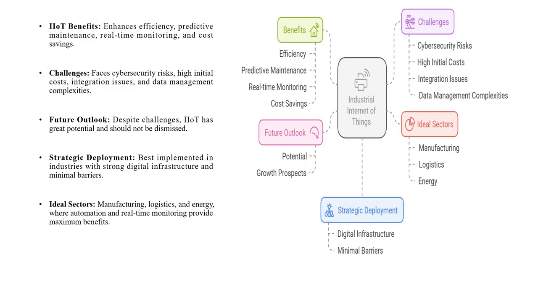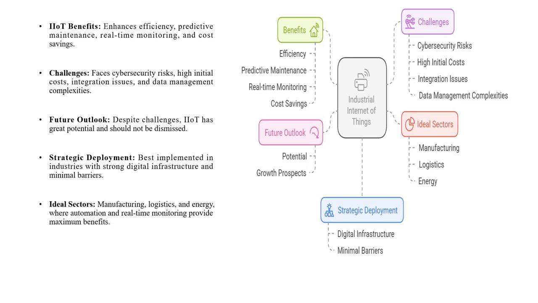Instead of dismissing its potential, industries should strategically deploy industrial IoT in areas where challenges are minimal and easier to overcome. For example, industries with strong digital infrastructure and robust security measures can benefit significantly from the industrial IoT.